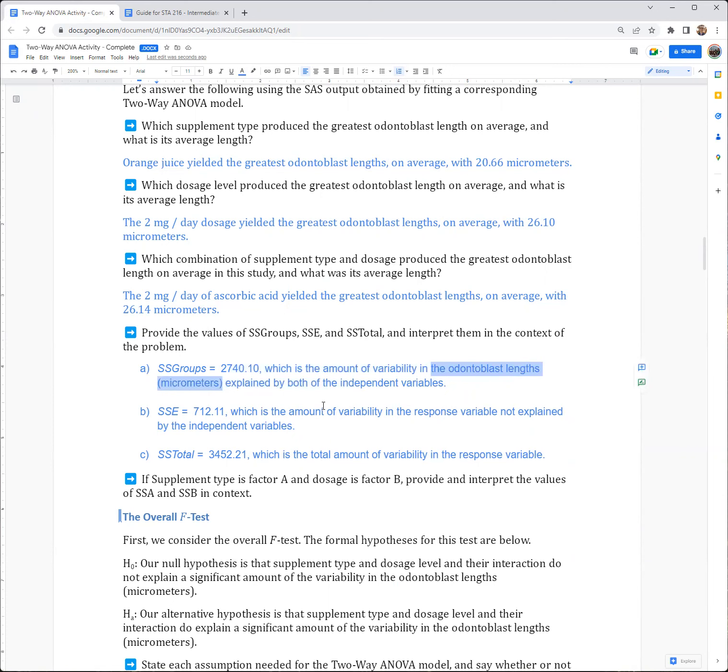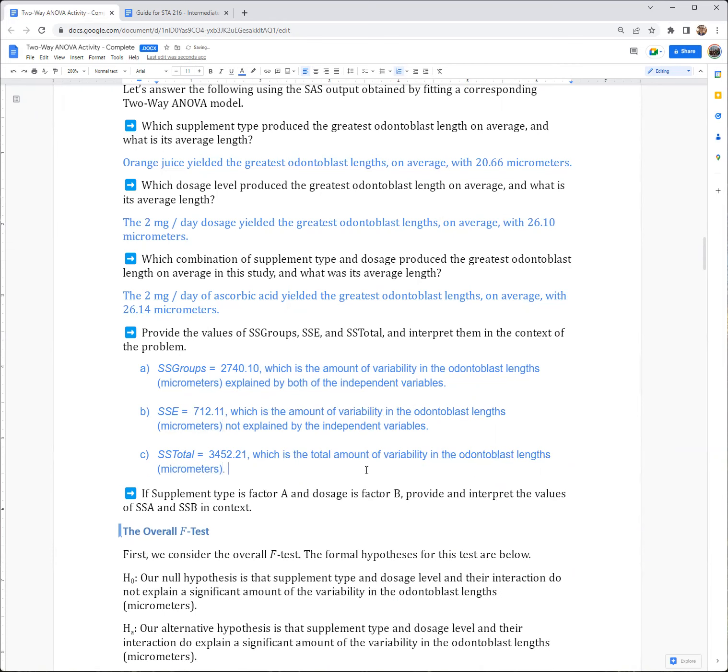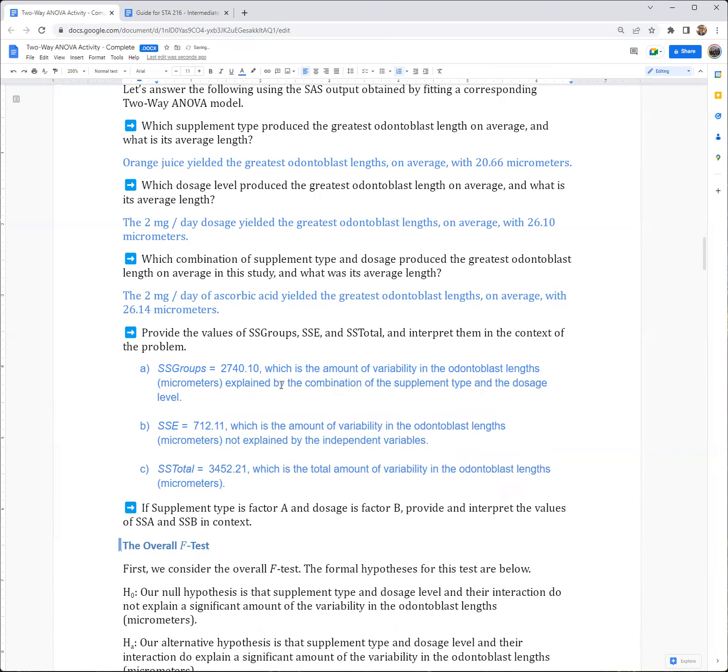Okay, so we'll update that for all of them in the odontoblast lengths. Explained by both of the independent variables. So instead of saying both of the independent variables, we'll say by the combination of the supplement type and the dosage level.